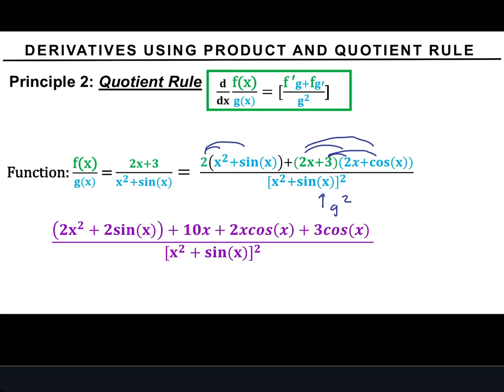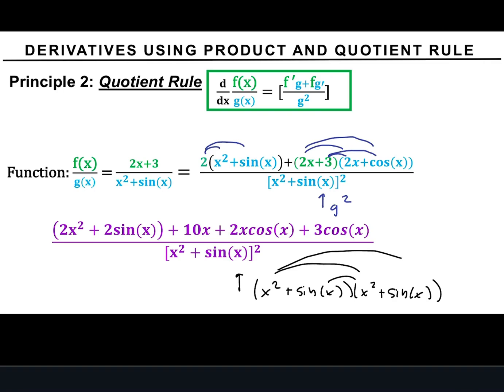So this will be our simplified answer after going through it all. On the bottom, if we're going to expand that, x squared plus sine x times x squared plus sine x. And the same method of using FOIL will apply as how we did before.